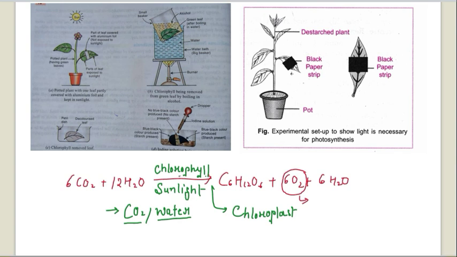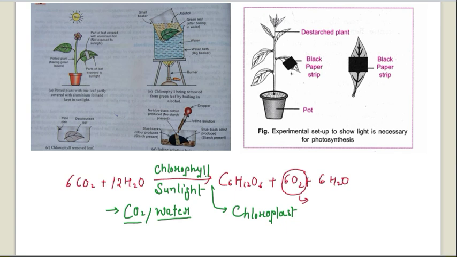Chlorophyll is the pigment responsible for trapping the sunlight. Why am I discussing this here? Because we know chlorophyll and sunlight are necessary, but through experiments we will prove that sunlight is necessary, in another experiment that chlorophyll is necessary, and in the last experiment that CO2 is necessary.